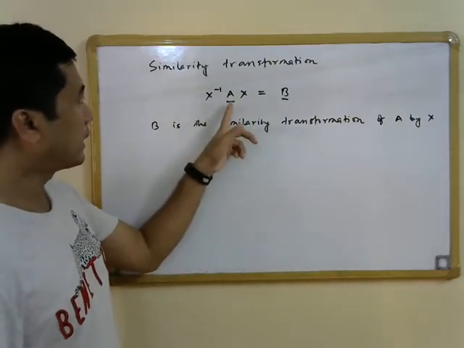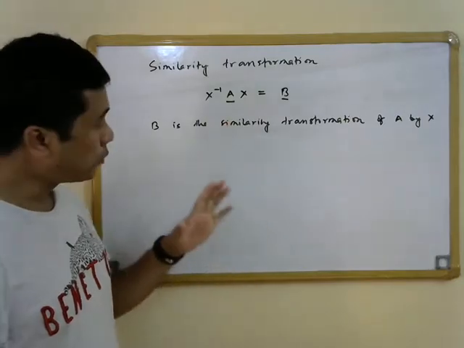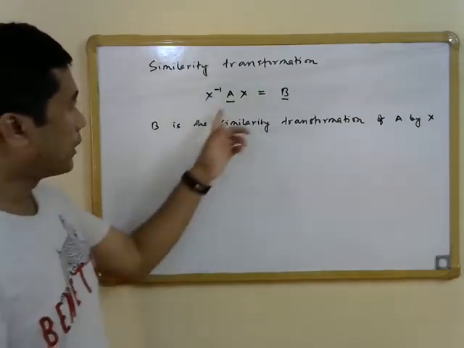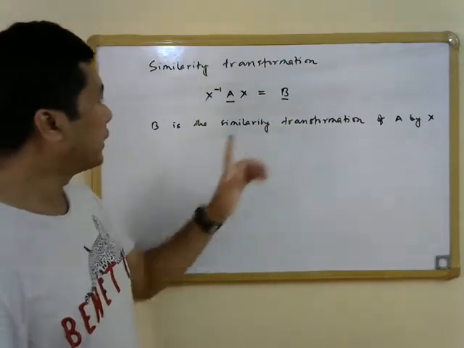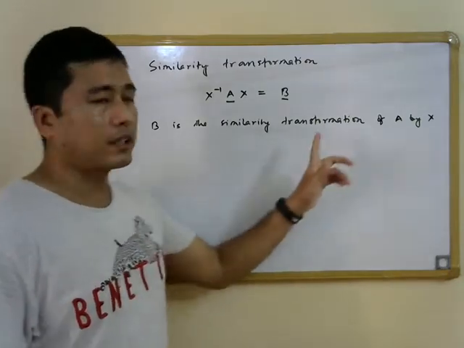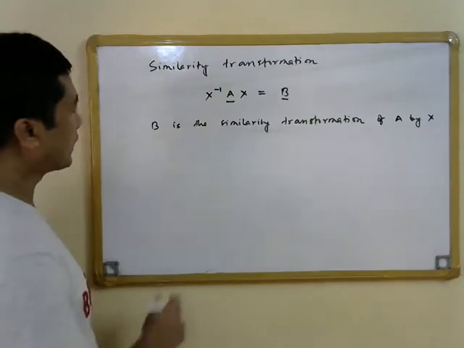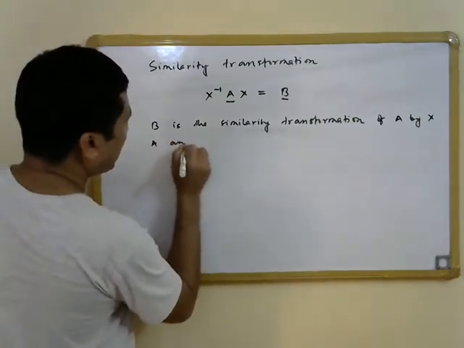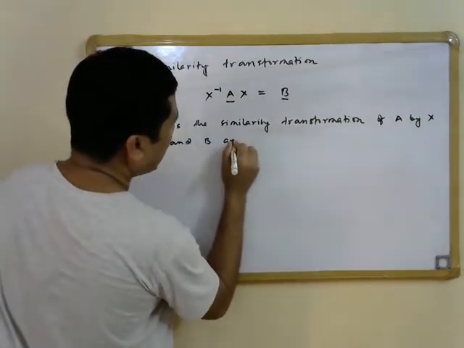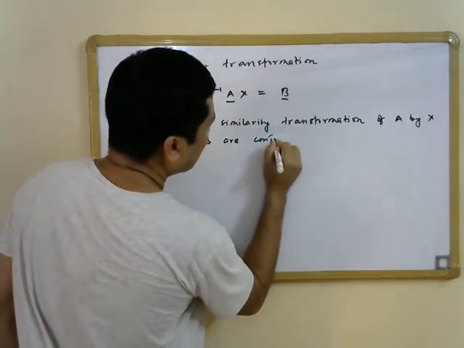So this is how we express this mathematical form in words: when we do X inverse A X, X and A both being elements of the group, if the product is equal to B, then we say that B is the similarity transformation of A by X. We can also say that A and B are conjugates.